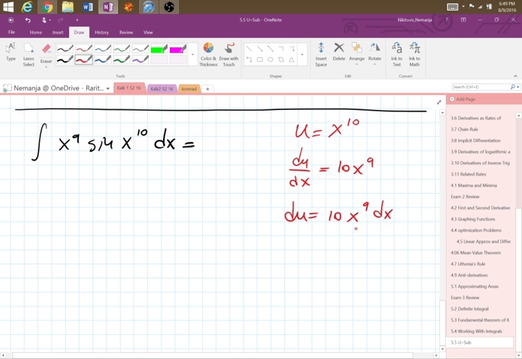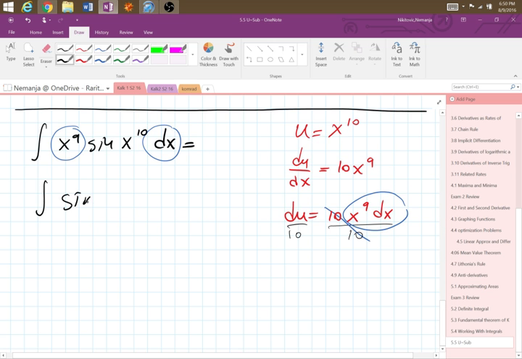Observe that we have the extra 10, so divide both sides by 10. And now these two are your du, and you have everything ready.